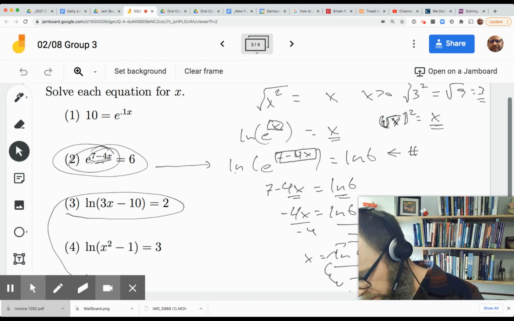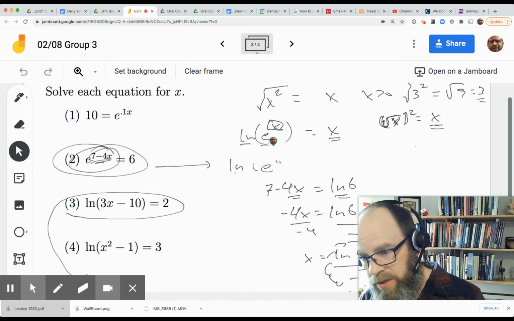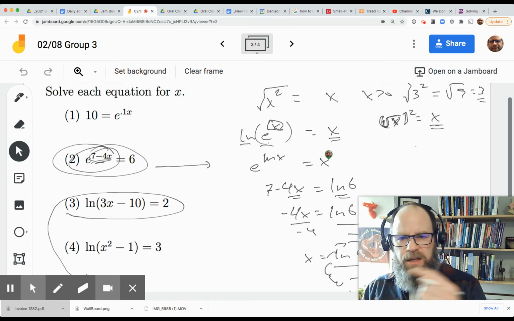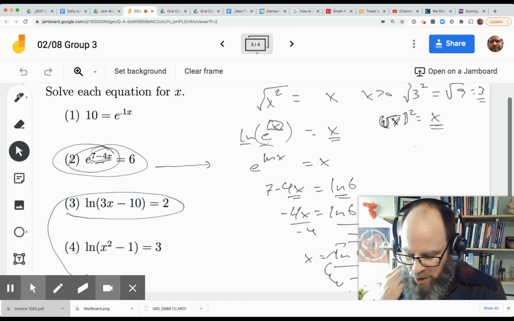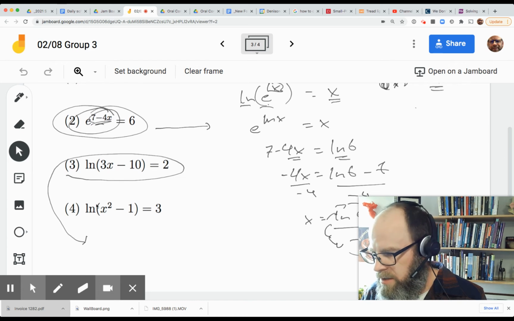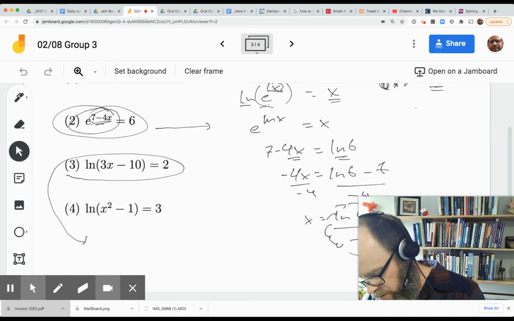So just like before, we had the natural log of e to the x was equal to x. Well, guess what? e to the natural log of x is also equal to x. So those guys undo one another. What we're going to do with number 3 down here is take and raise both sides to the e power.